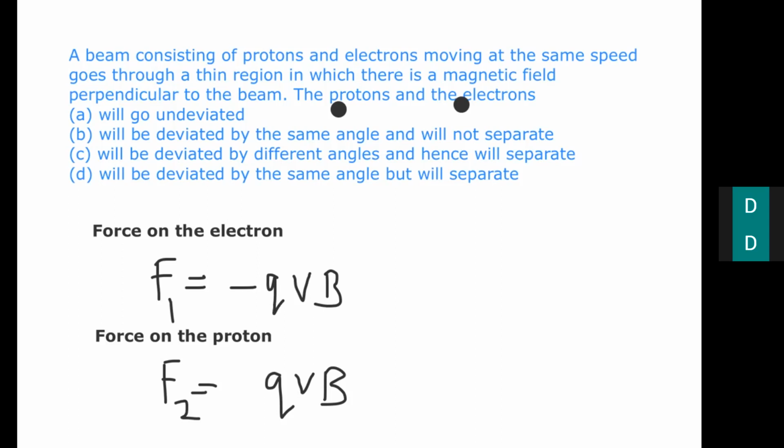So the answer to this question is that they will be deviated at different angles, because they are two opposite charges. They cannot stay at the same angle, right? They will deviate at different angles, which we can clearly see from these signs, since the forces are in different directions. So the answer to this question is going to be C, that is, deviated by different angles and will separate.